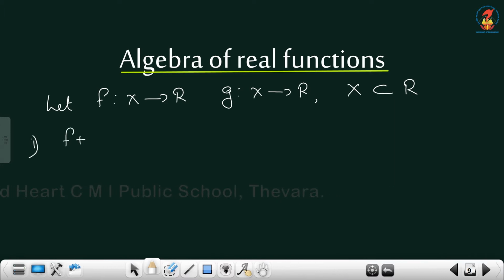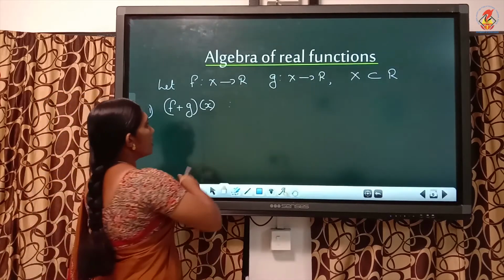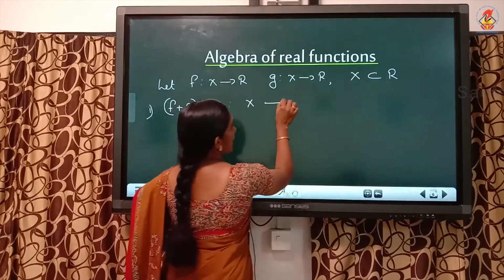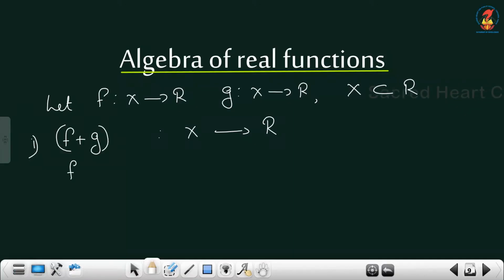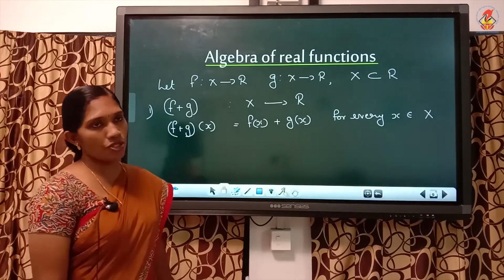Look how to define addition. f plus g is also a function from X to R, and it is defined as (f plus g)(x) is equal to f(x) plus g(x) for every x belongs to capital X, the domain.